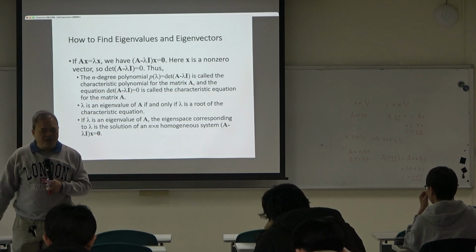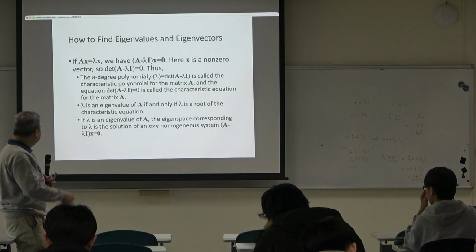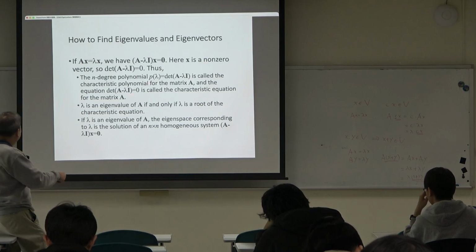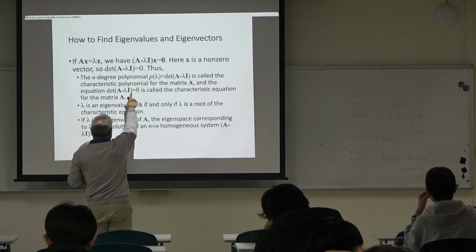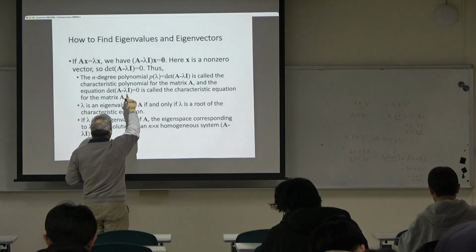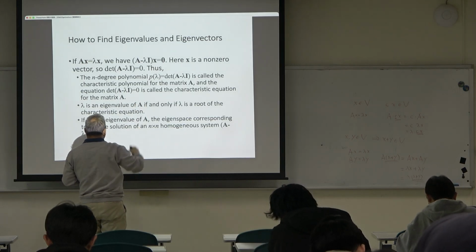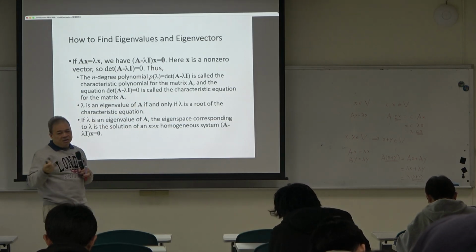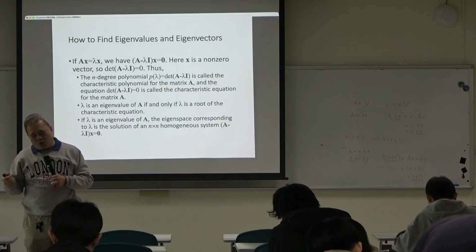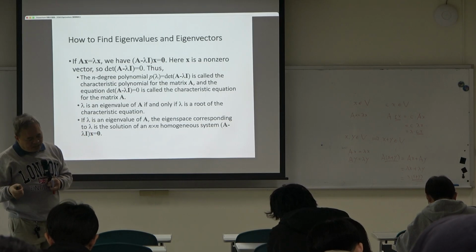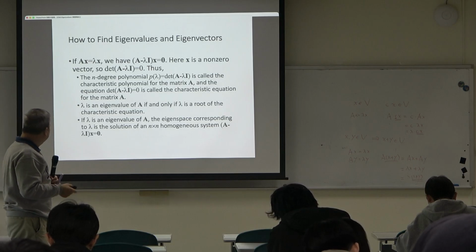Then you plug those roots into (A minus lambda I) x equals 0, and you will be able to obtain your eigenvectors that correspond to the eigenvalue lambda.